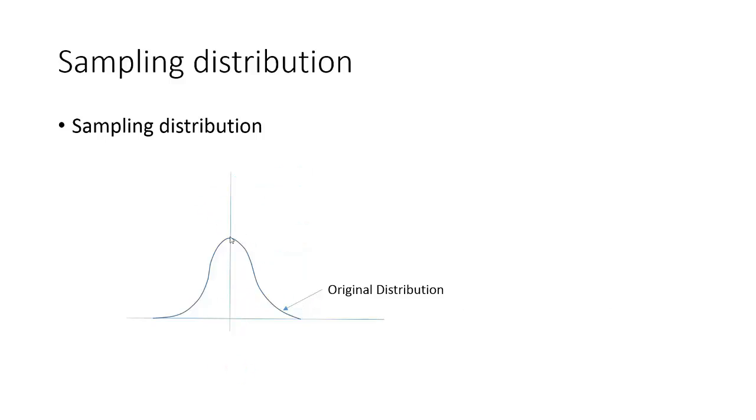Let's say this is the original distribution of the number of defects, and let's say this is 5 defects and this is 1 defect. So this original distribution is what I care about, that goes from here to here. These are the number of defects you will see in a cast.